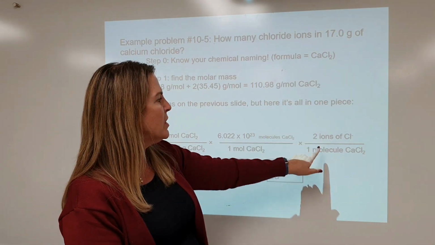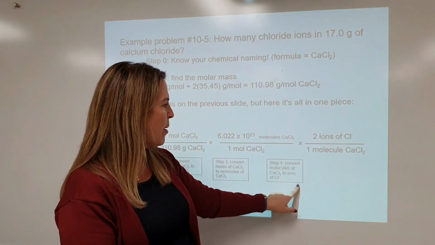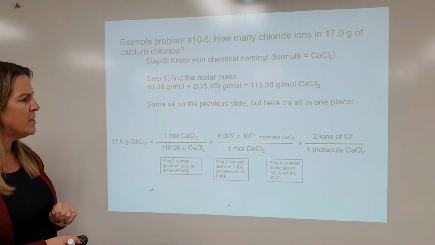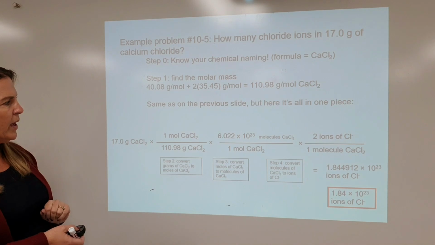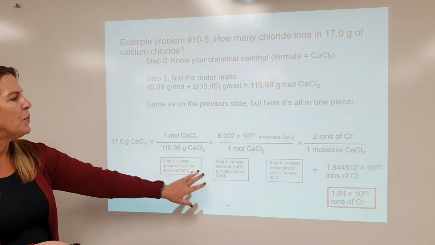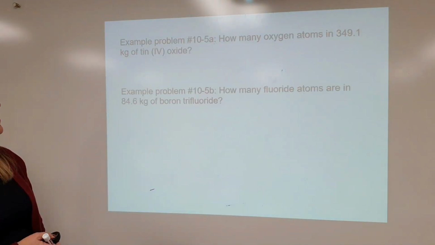Now that we're in molecules, we're going to use 1 molecule is this many ions. So this would be step 4 of our last step. And then finally our answer. Please write down both. Make sure you include the steps with your work.